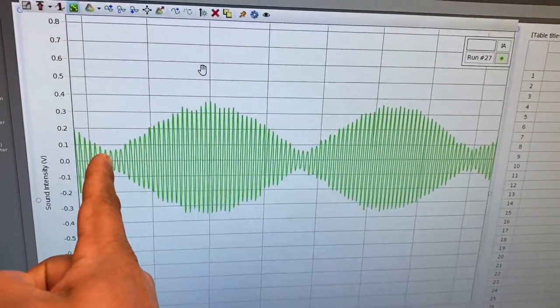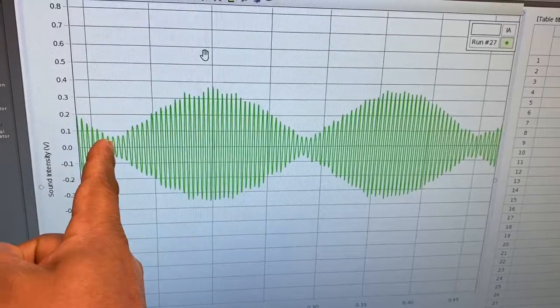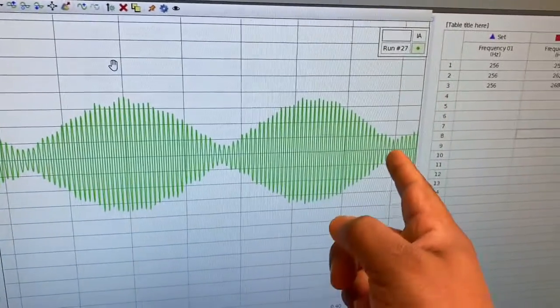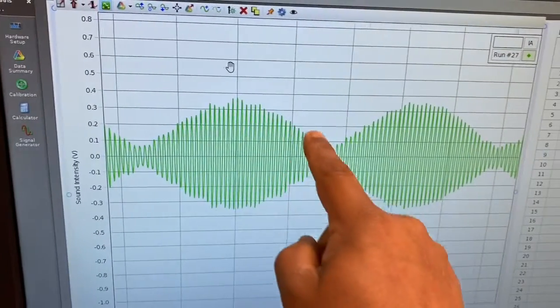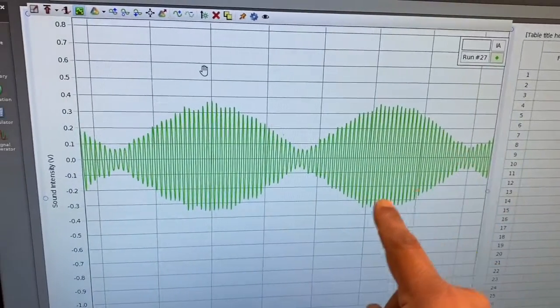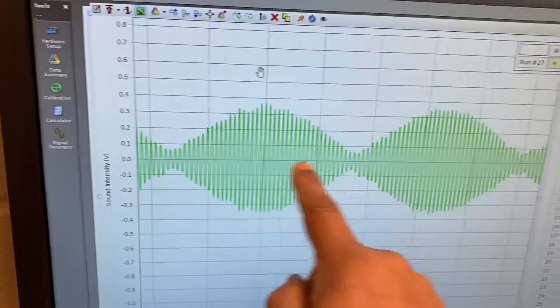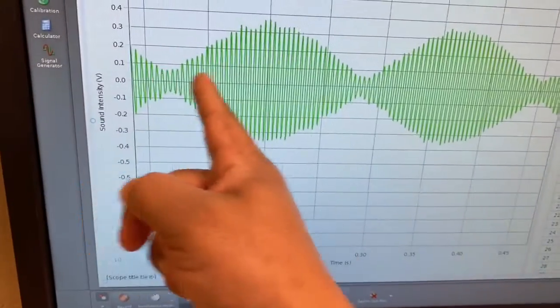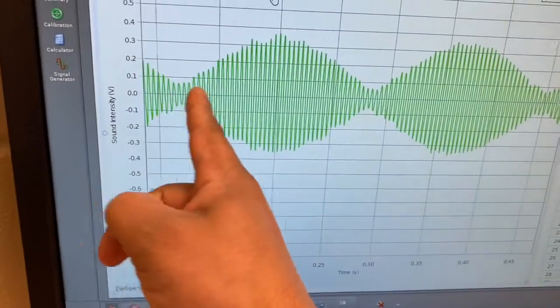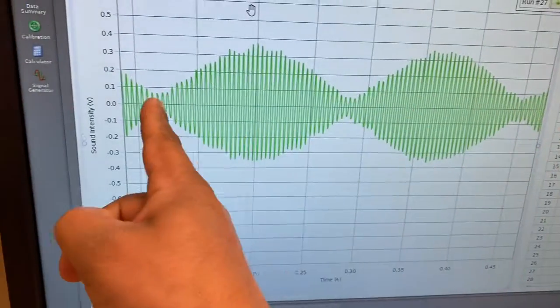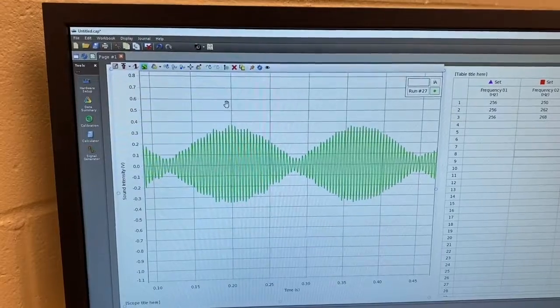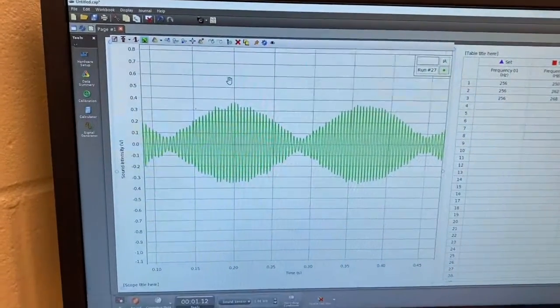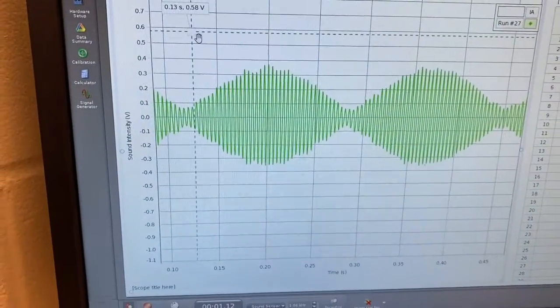I need to get the time value here and here, and this is the period of the beats on the time axis. So if I know the period, then I can calculate the frequency. So let's get the time values at these 2 points.